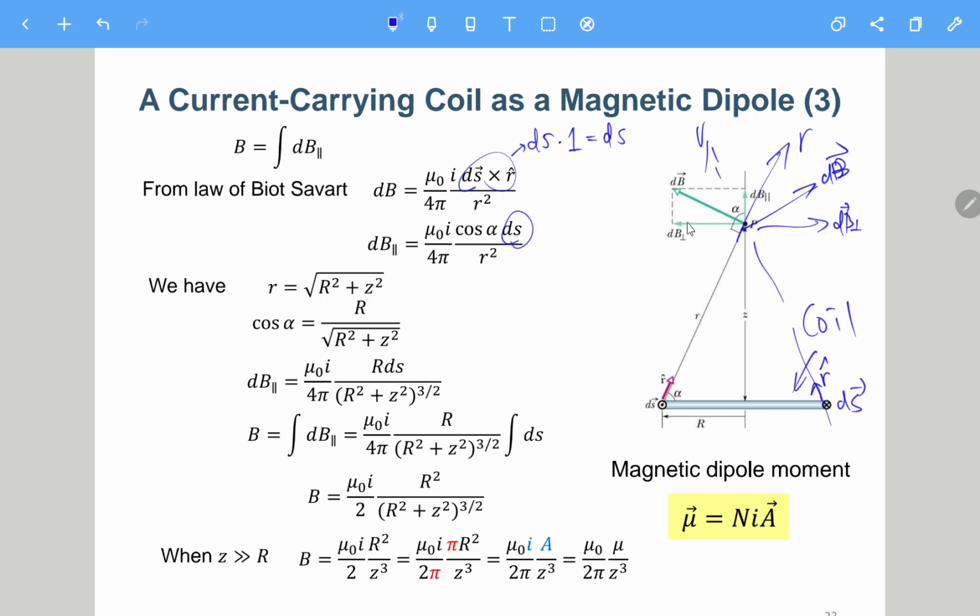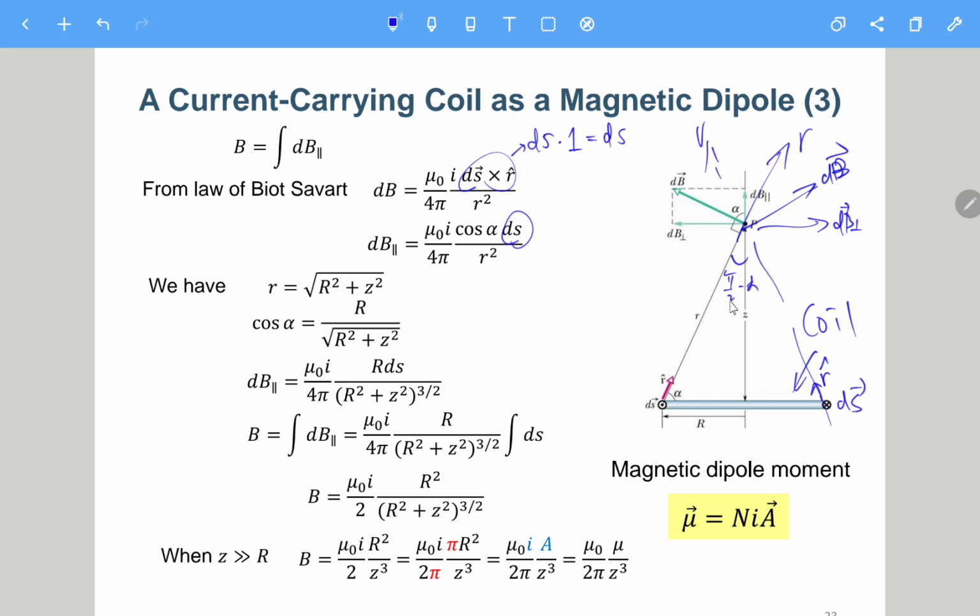And then for cosine alpha. This is alpha, and this is a right angle, so this one will be pi over 2 minus alpha.